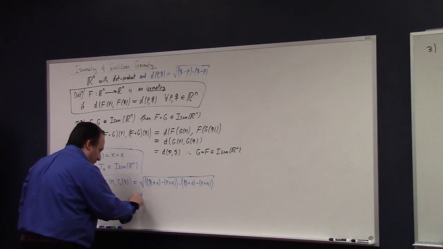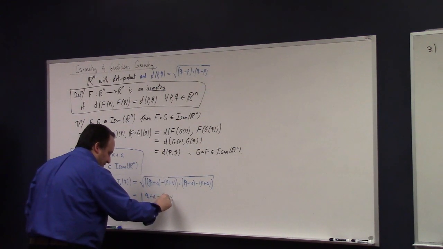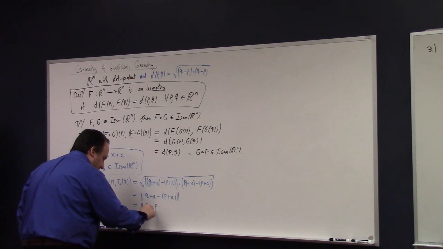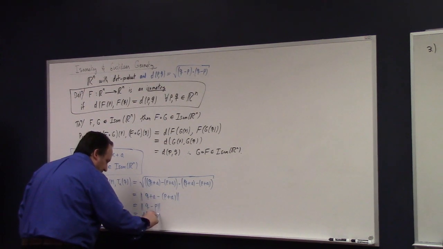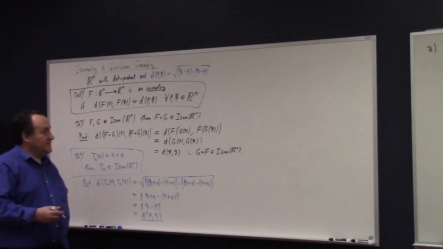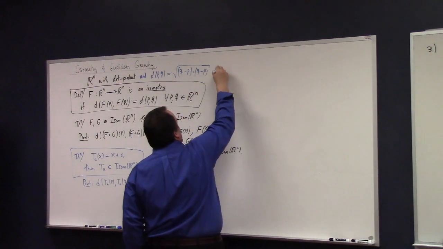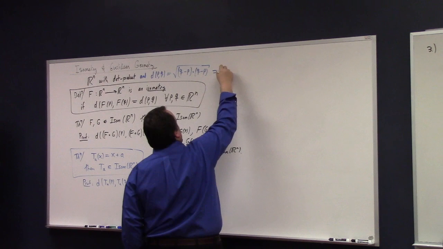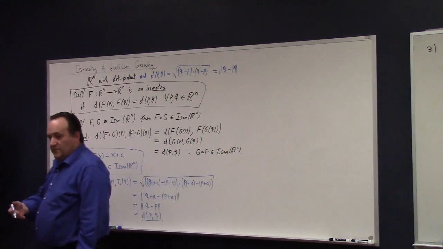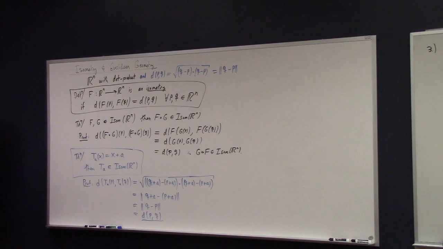This is just the norm of q plus a minus p plus a, which is what? Norm of q minus p, which, by the way, is the distance from p to q. Let us agree that we may also use the norm notation to simplify our life a bit. So there you go. Translation is an isometry.